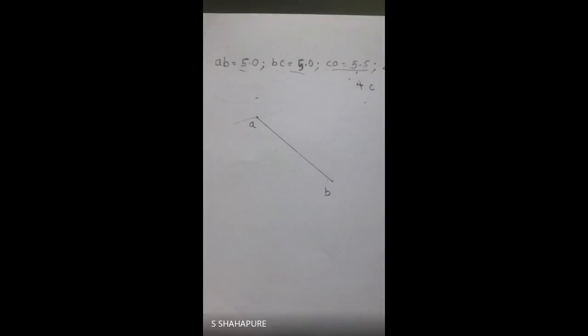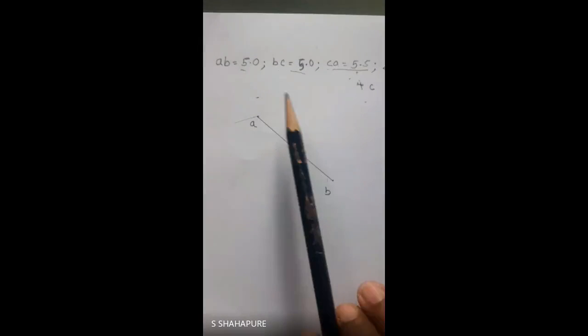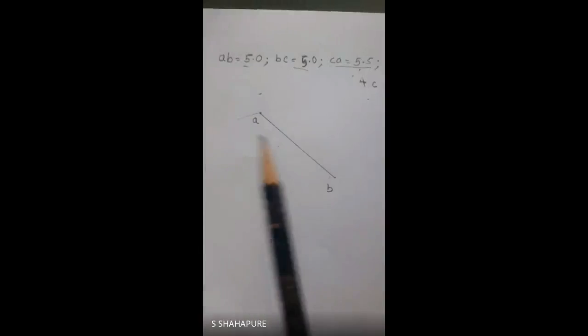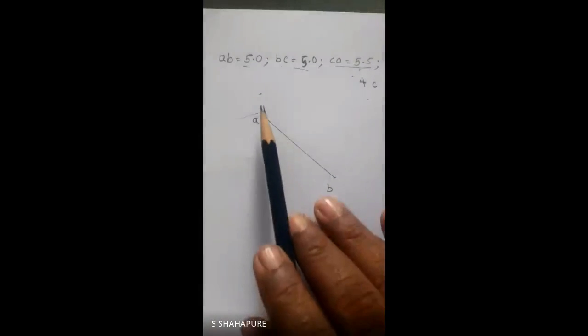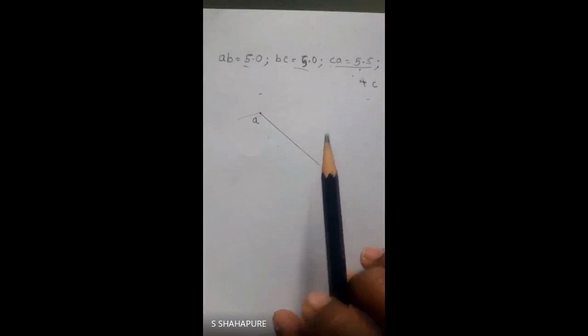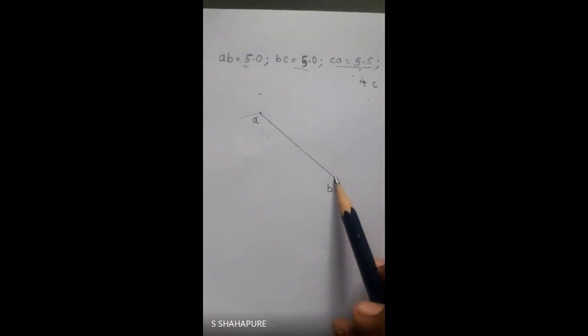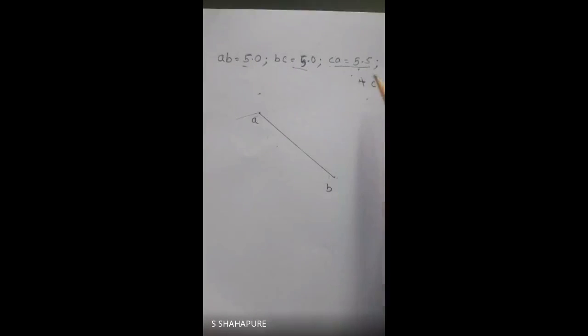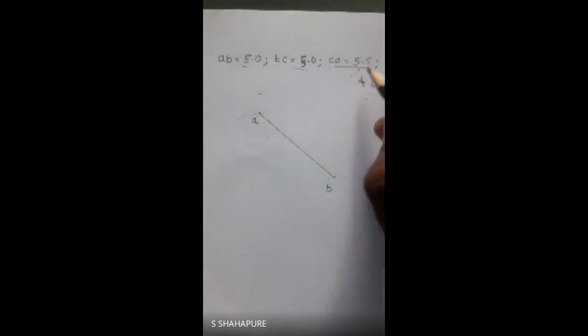So first, with reference to these distances, AB is 5 centimeter, taken over here, and with BC 5 centimeter an arc is made over here, and CA 5.5, the arc is made, and this point C is finalized.